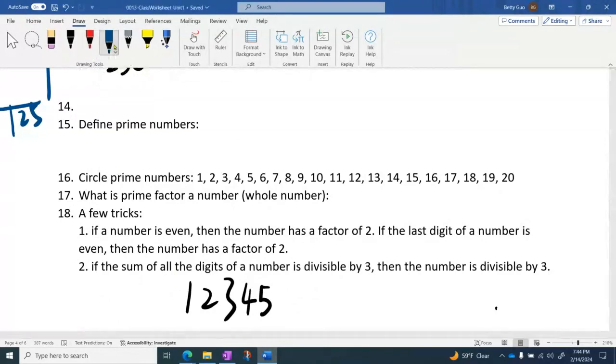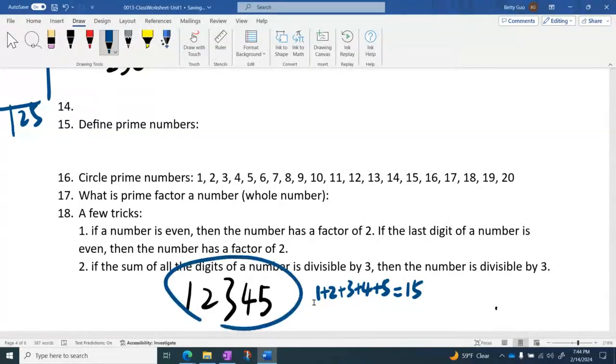How do we know? We add them together. 1 plus 2 plus 3 plus 4 plus 5. 1 plus 2 is 3, 3 plus 3 is 6, 6 plus 4 is 10, 10 plus 5 is 15. Because the sum is divisible by 3, this number is divisible by 3. So that's what this trick is about.